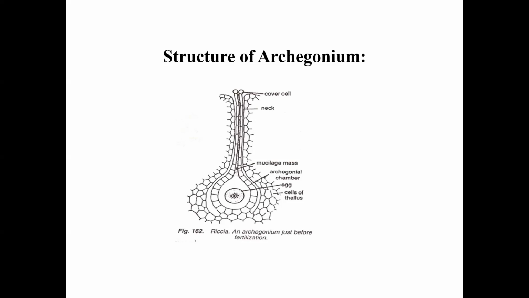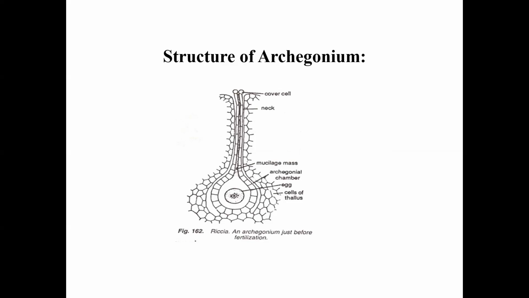The neck is 6 to 9 cells in height and consists of 6 vertical rows of cells. The 6 vertical rows of cells enclose a neck canal. There are 4 cover cells at the top of the neck canal.